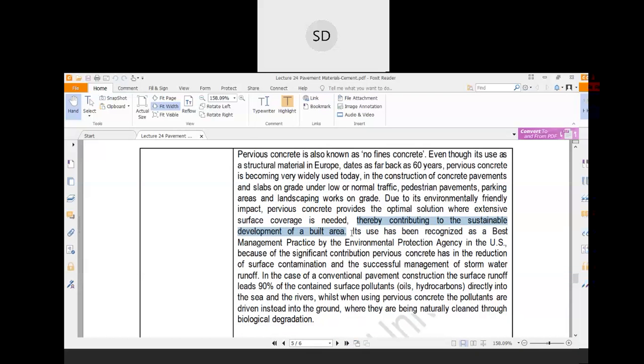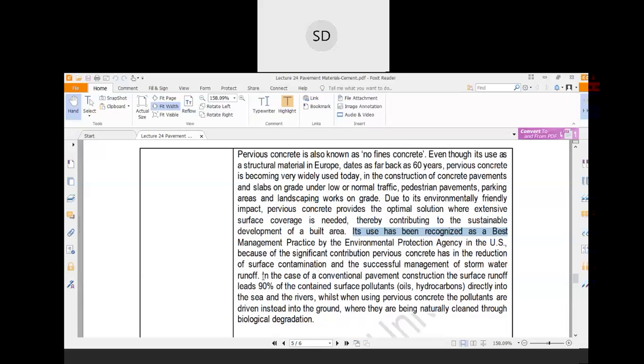Its use has been recognized as a best management practice by the Environmental Protection Agency in the US because of its significant contribution to pavement materials, as well as in the case of environmental pollution.